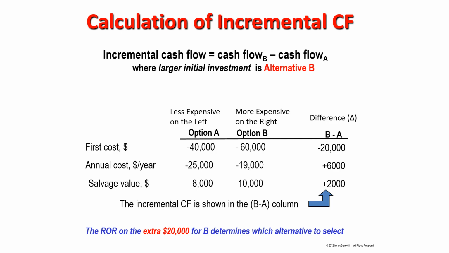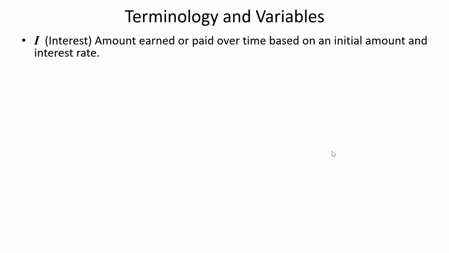When we compare the two options, we would subtract one option from the other and find out the incremental cost and then the incremental benefits associated with that. And then we would analyze the rate of return of the increment. So let's actually go over some terminology first and then do an example incremental analysis.